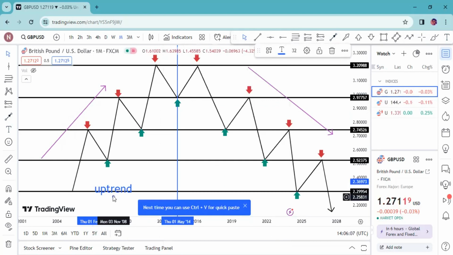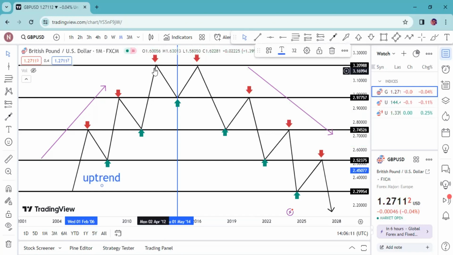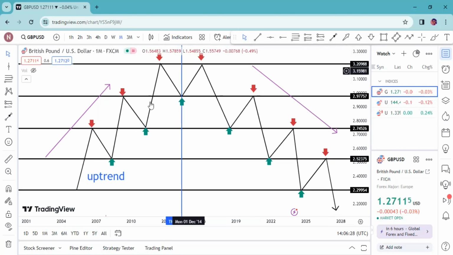Why do we call it an uptrend? Because the market moves towards up. It forms higher low, higher high, higher low, higher high, higher low, higher high, higher low, then maybe a higher high in future. So the market moves up. That's why we call it an uptrend.